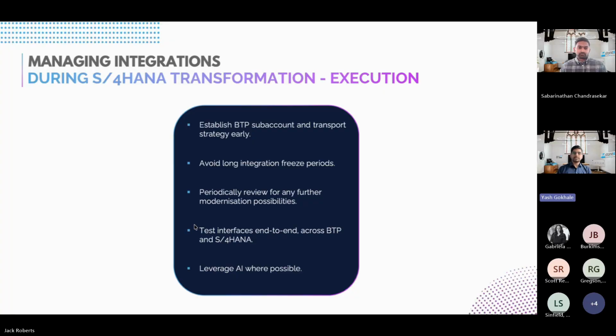The other thing we see is unit testing of iFlows is not really real business process testing. So you should have end-to-end testing. I mean, this is probably a given. People probably know this, but the failures that we most likely see happen because of connectivity or authentication or sometimes sequencing issues.